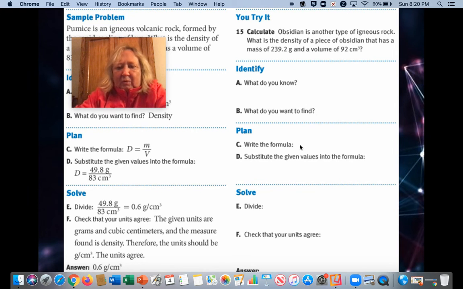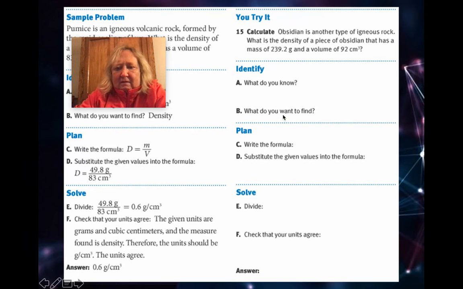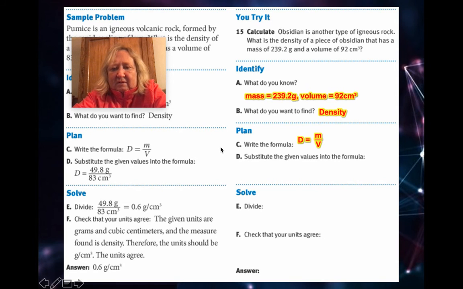What will our formula be? Write down what you think it is. Sorry, I was behind. If you write down the formula, it is density equals mass over volume. Don't break my heart. Now take a second and substitute those values in. You know what the mass is and you know what the volume is.